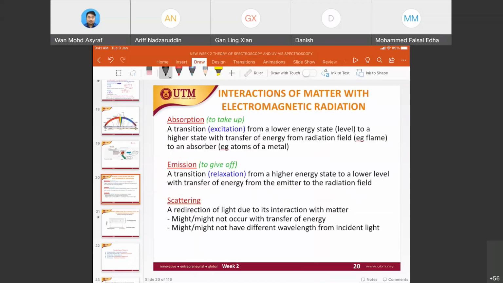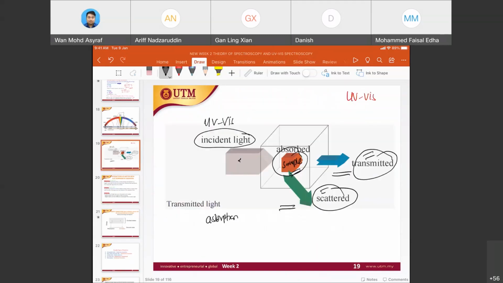So, alright. So, basic kita macam apa yang saya explain tadi, bila kita tengok on the internet, nanti akan ada absorption, ada apa? Emission, akan ada scattering.